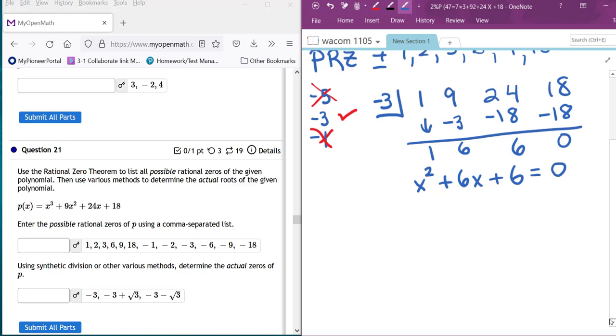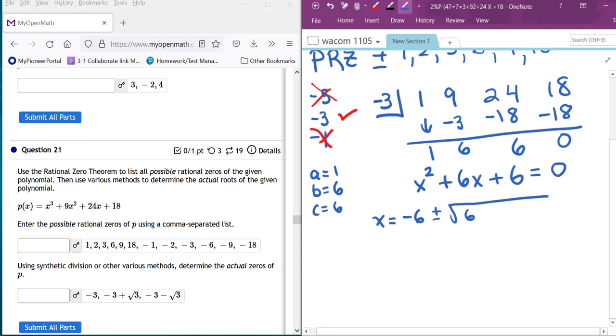All right, so we have a equals 1, b equals 6, and c equals 6. And we'll do quadratic formula. So x is equal to negative b plus or minus square root of b squared minus 4 times a times c all over 2 times a.